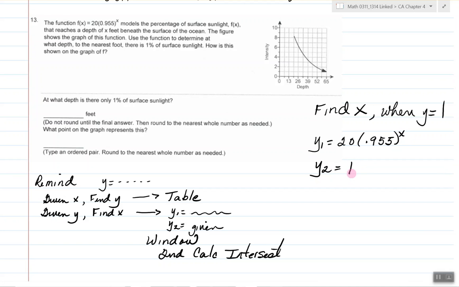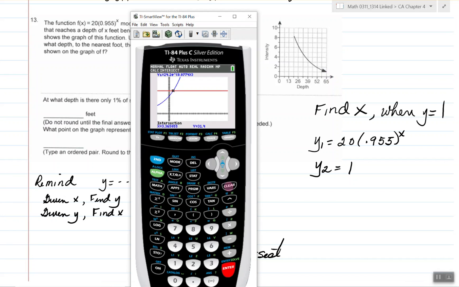All right, so I am probably looking for a value right about here. Let's go to our grapher. The formula is 20, open parentheses, 0.955, close, raised to the x power, and y2 is 1.